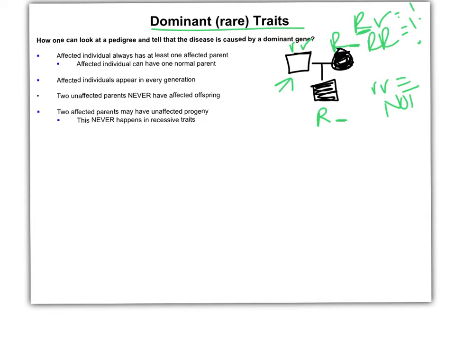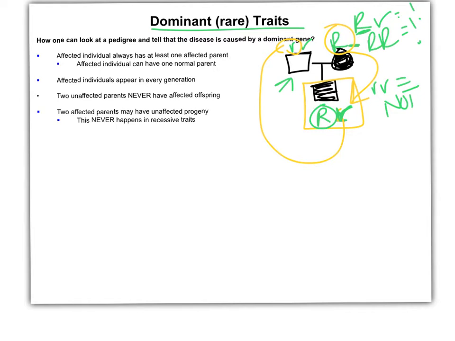So again, what do we know then about this guy, the offspring? Well, if one parent's unaffected, has to have a little r. And if the offspring's affected, they have to have a big R, and that had to come from some parent, right?